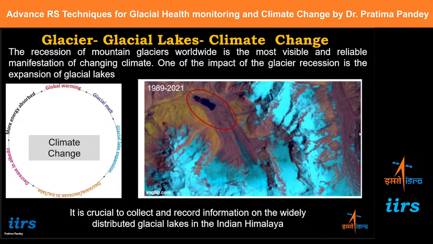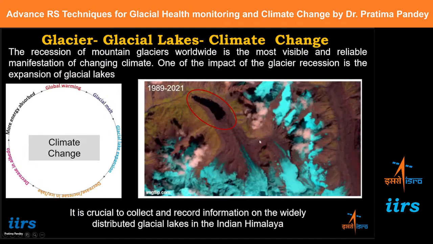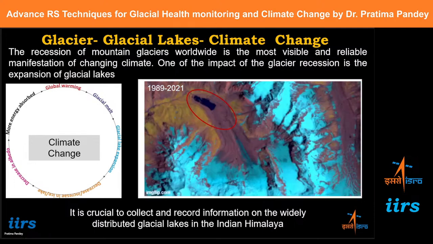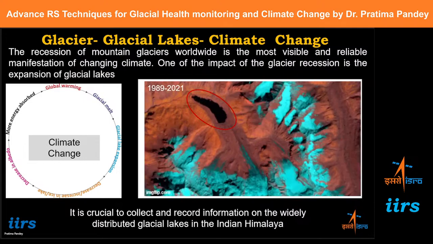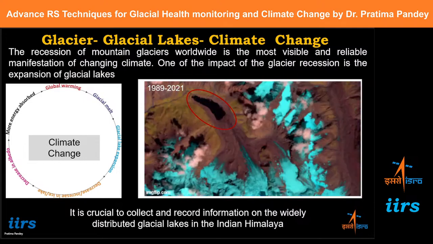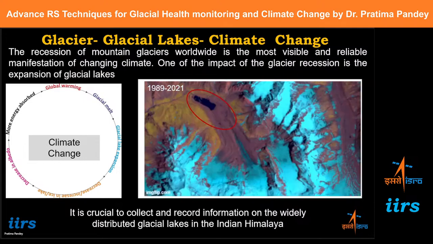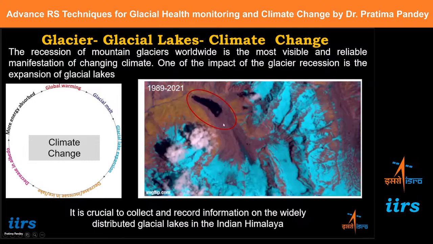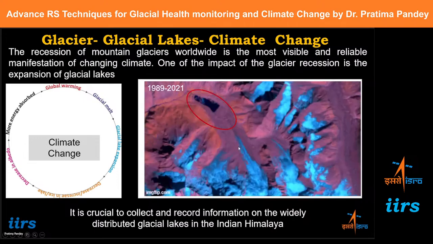So the retreat of the glaciers is not restricted to snout change only, but they are also causing new lakes to develop and expanding the lakes which have already formed. From this example you can see this is the Gepang Gath Glacier in Himachal Pradesh.